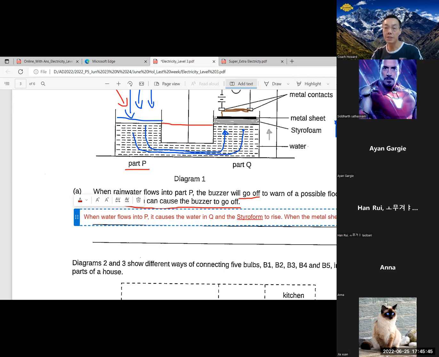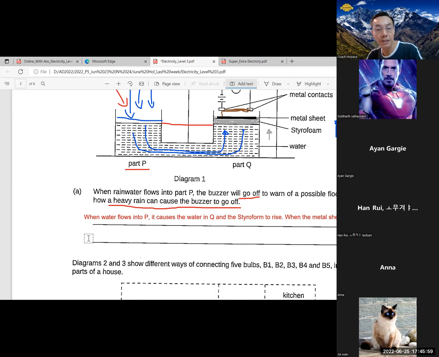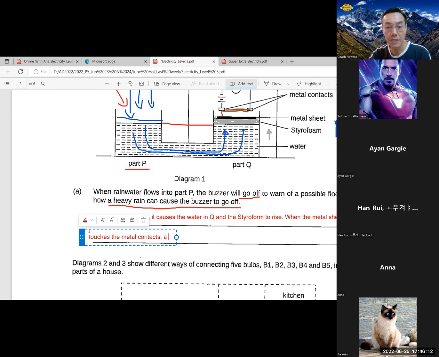When the metal sheet on the styrofoam touches the metal contacts, a closed circuit is formed.